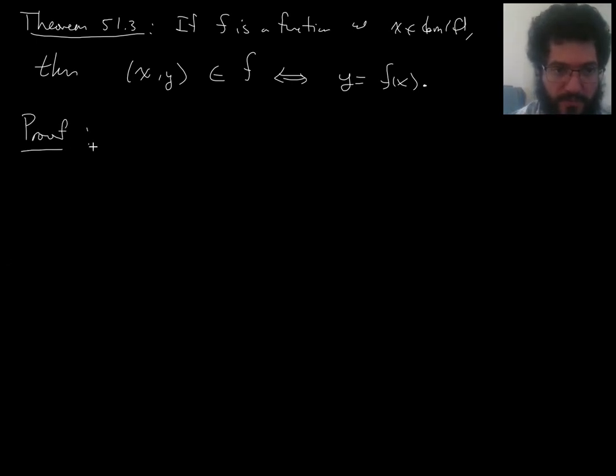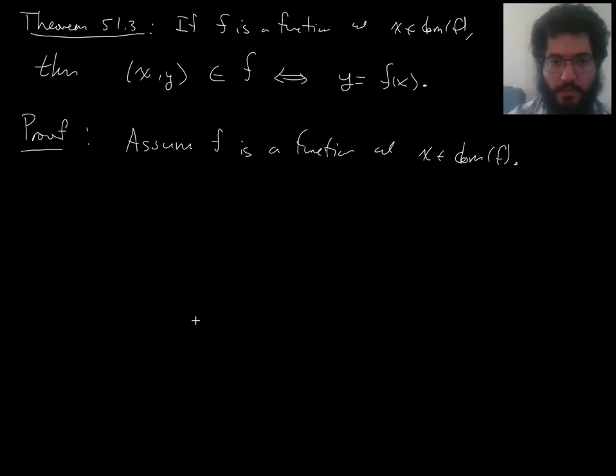Okay, and proof. So assume that f is a function and x is in the domain of f. Then we need to prove this double arrow. So here, suppose that the pair x y is in f.